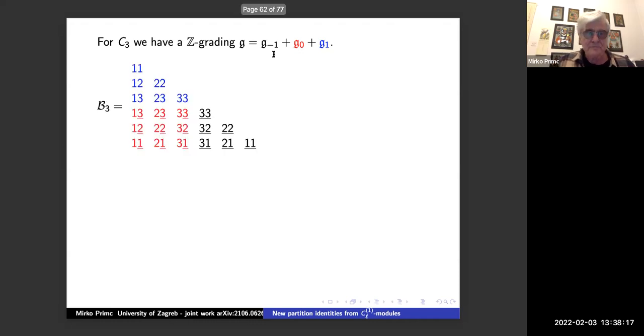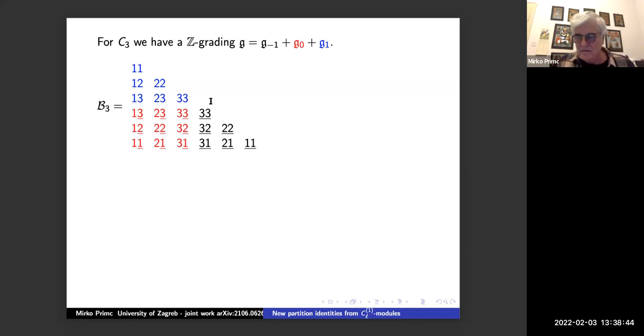Looking at the basis of our C3, the basis of g1 is this upper triangle, and this is the basis of a commutative Lie algebra. And then this looks like SL3 or GL3, and this is another triangle.